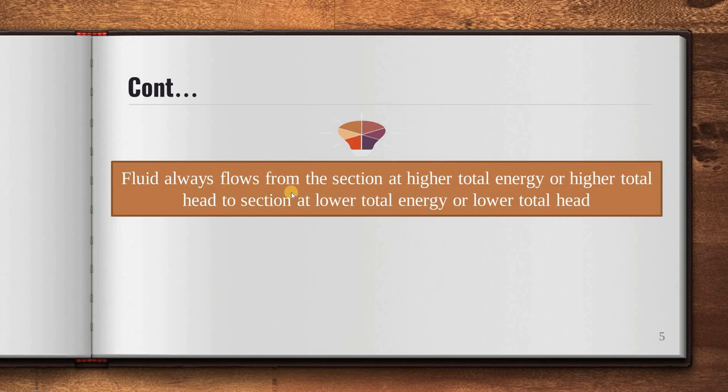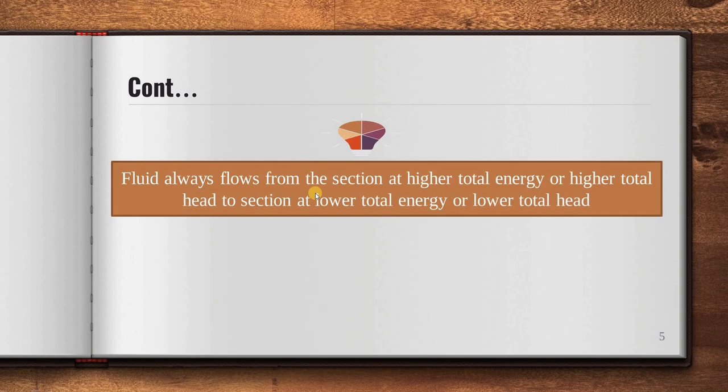Fluid always flows from the section at higher total energy or higher total head to the section at lower total energy or lower total head. So to decide the direction of flow, we need to calculate the total head or total energy available at each section.